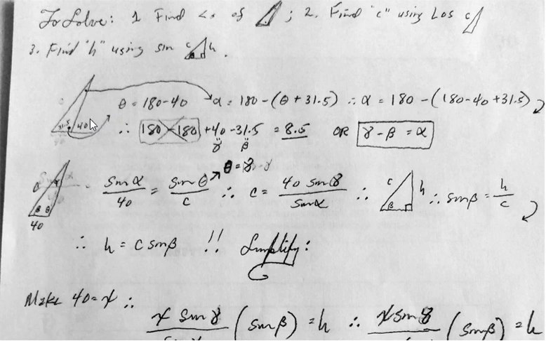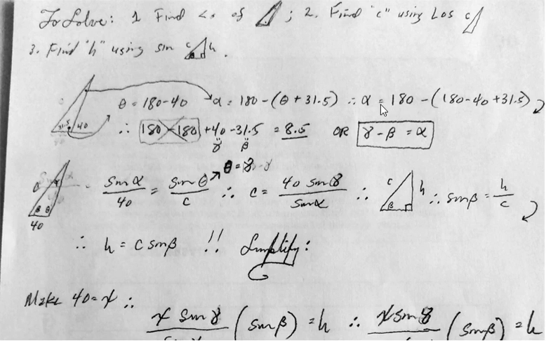We know that this angle theta, right here in the corner, is 180 minus 40 degrees. Then alpha will be 180 minus theta plus 31.5. Now, you'll need some prerequisite trigonometry for this. If you don't understand how many degrees are in a triangle, you want to look that up. That's 180.